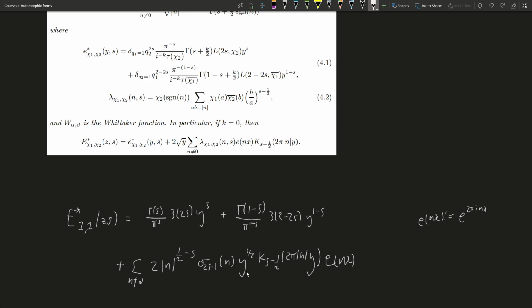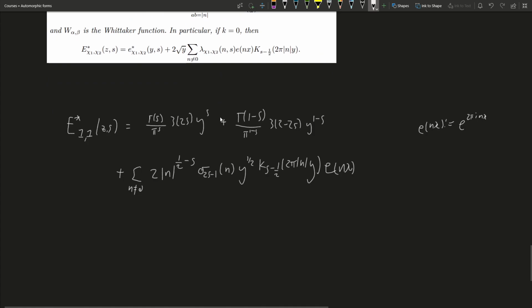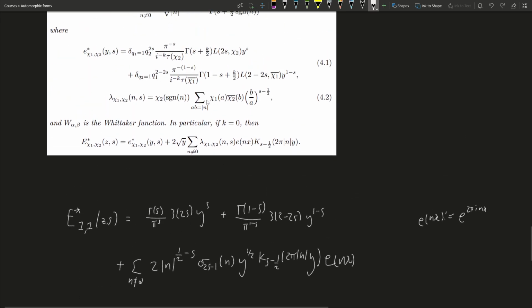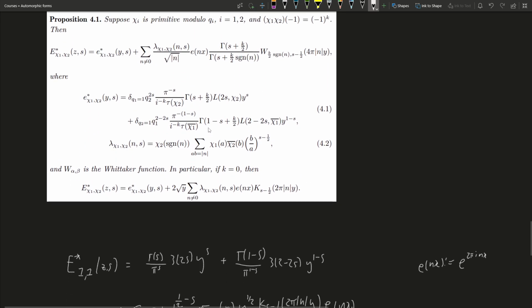How did I get this form right here when it's written as lambda? Let me show you that quickly. So here, what Young gives is the sum over ab equals n, and this is a product over, I guess he doesn't say it's a product over positive integers, but I sure hope it is, and equals the absolute value of n.